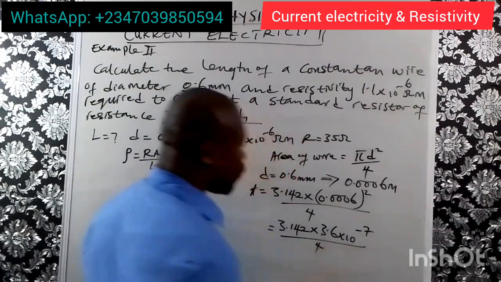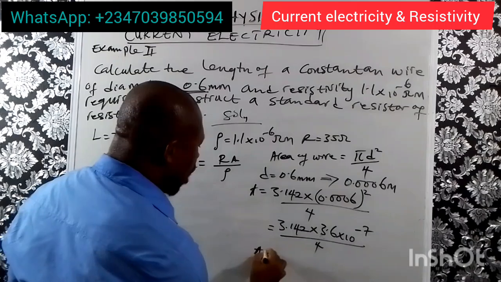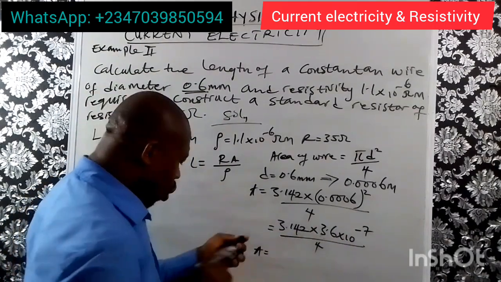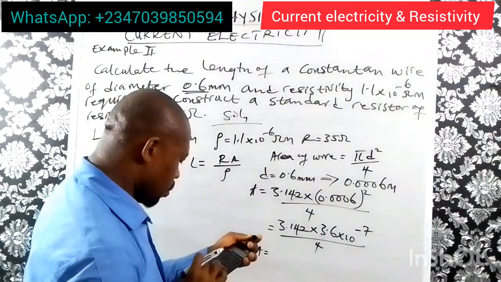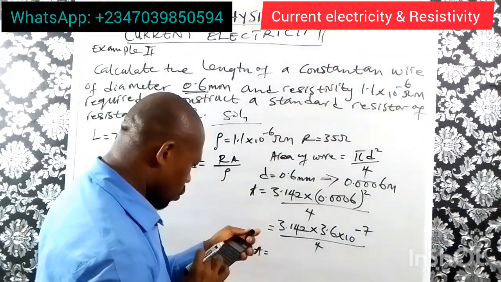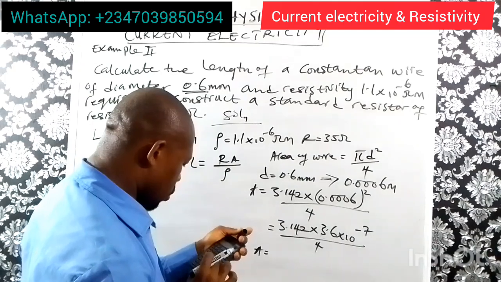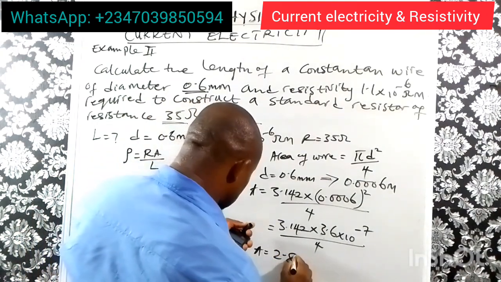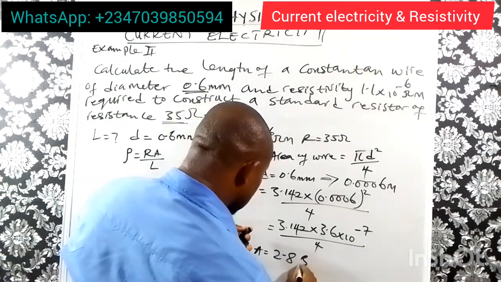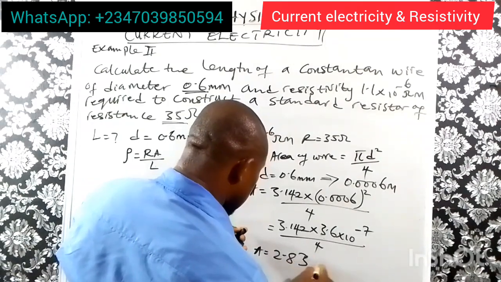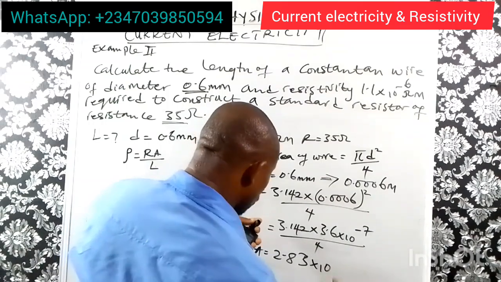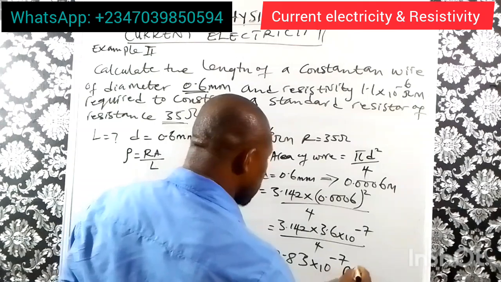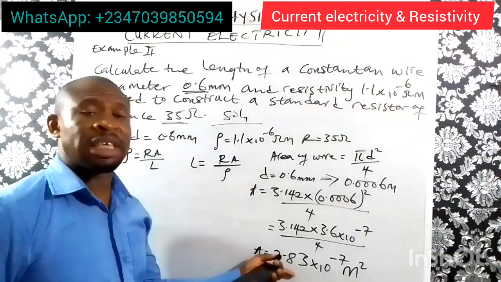Divided by 4, everything gives us 2.83 times 10 raised to power minus 7 meters squared. Now this is our area.